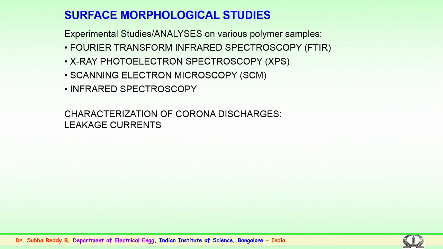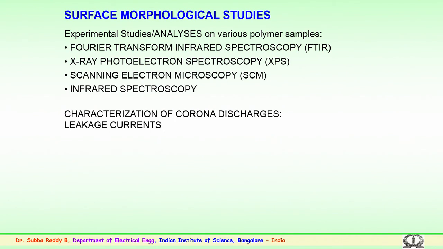Apart from that, there are several other methods used for interpreting the performance of these samples. A few of them are Fourier transform infrared spectroscopy, which gives an idea about the surface degradation on the polymer samples, and X-ray photoelectron spectroscopy, the XPS, which again gives an idea.